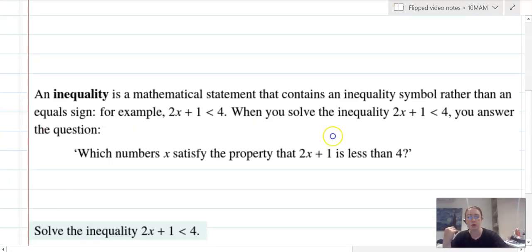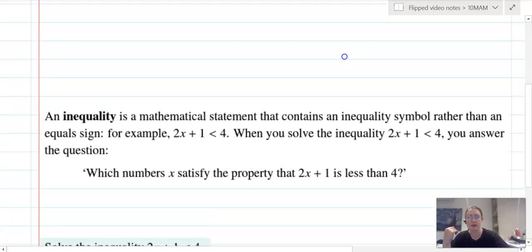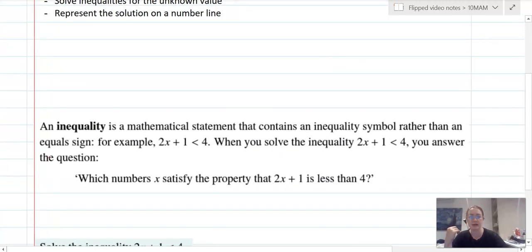An inequality is a mathematical statement where, instead of having an equals sign, it has an inequality symbol. Our inequality symbols are greater than, less than, greater than or equal to, and less than or equal to.